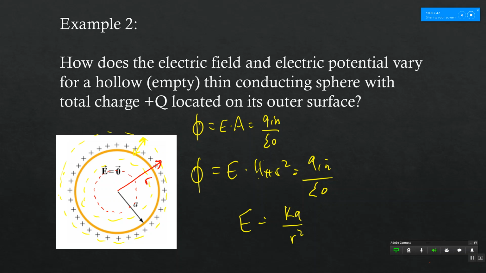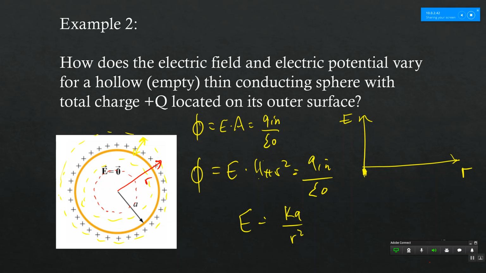And now if I were to graph this, at a distance 0 from the center, what is my electric field? 0. What is my electric field right here? Very big, maximum.